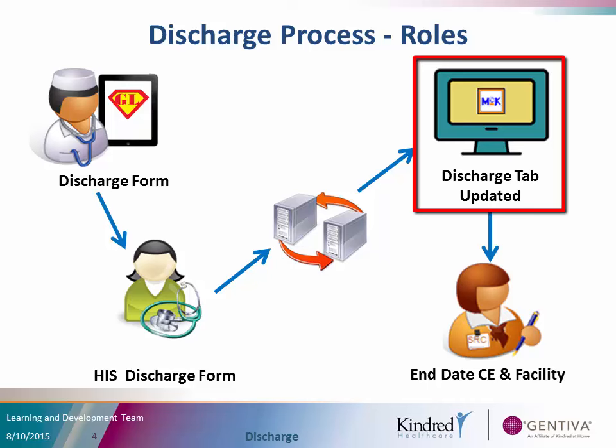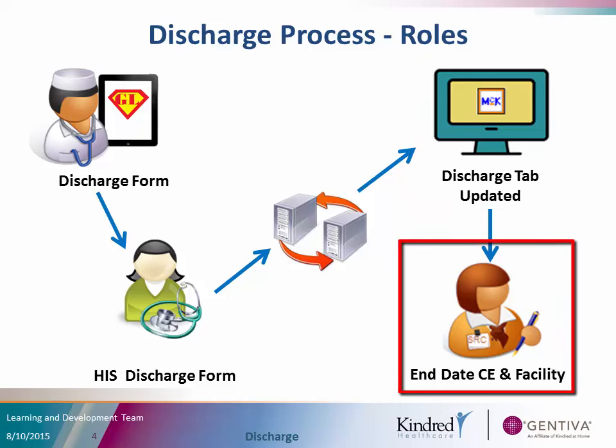The final few steps are then performed by the SRC in McKesson Hospice. The SRC will indate the CE or hospice specialist role in associated personnel. The associated facility and the room and board event will also be updated.